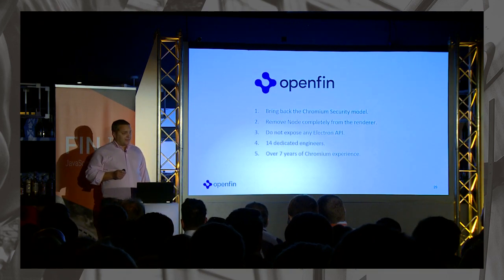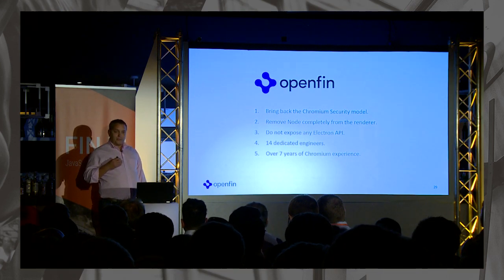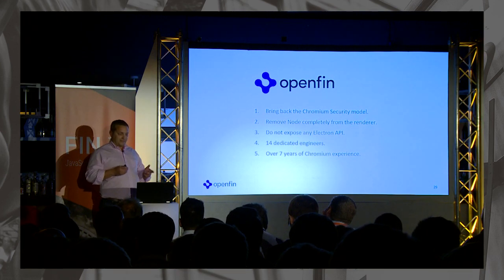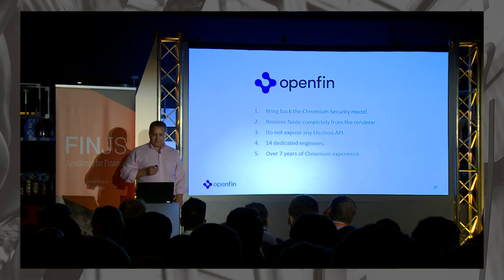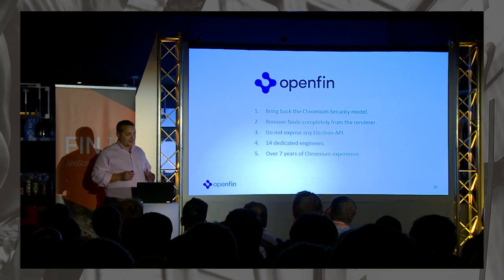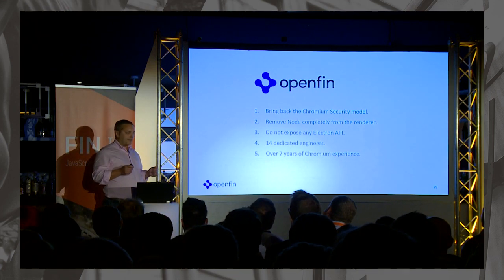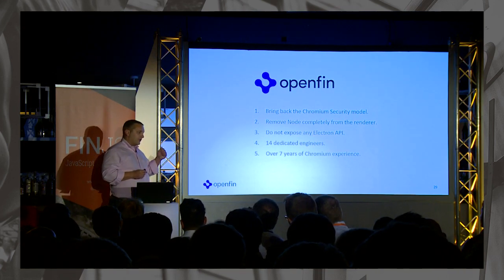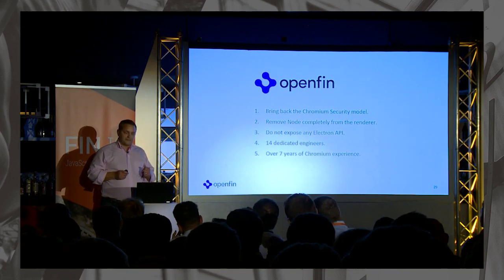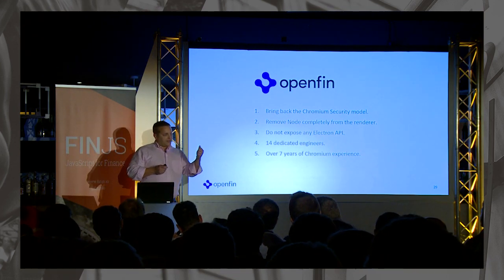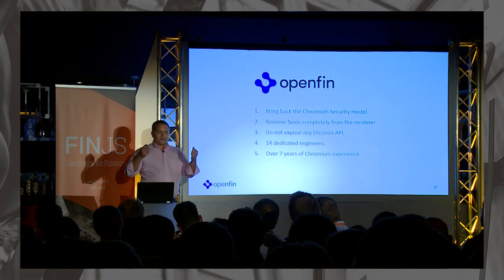So you're sitting here thinking, oh, crap, OpenFin uses Electron, and I use OpenFin. This is a big problem. But don't worry, we've invested a huge amount of effort into securing that environment. We are truly a Chromium-first environment, right? We bring back the Chromium security model. So you can't arbitrarily execute code in the browser process from your renderer process.